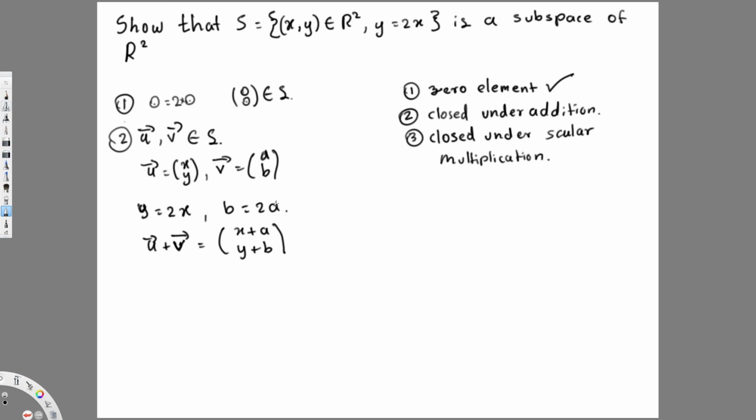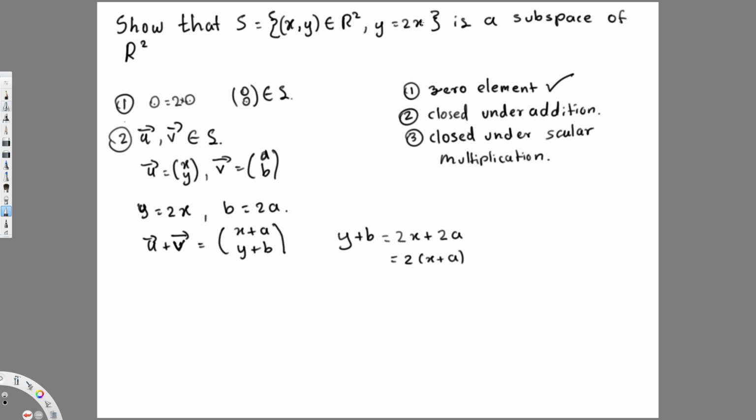So first of all, I form an equation: y plus b, and if I add them, I derive 2x plus 2a. I substitute 2x for y and 2a for b. Then I can take 2 common, so it's 2 times (x plus a).